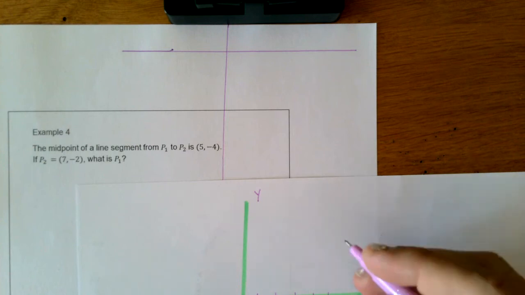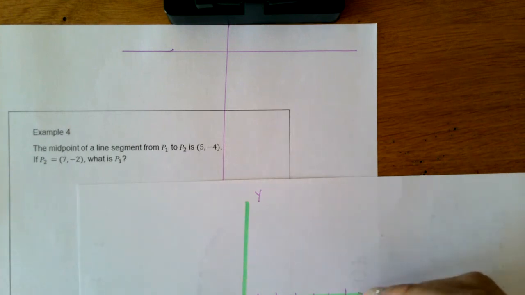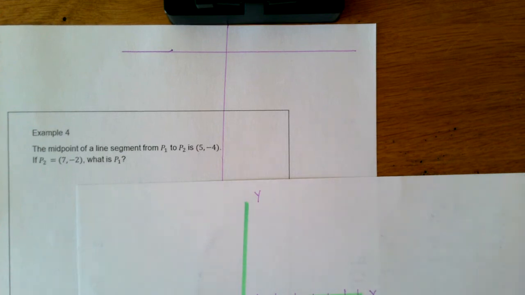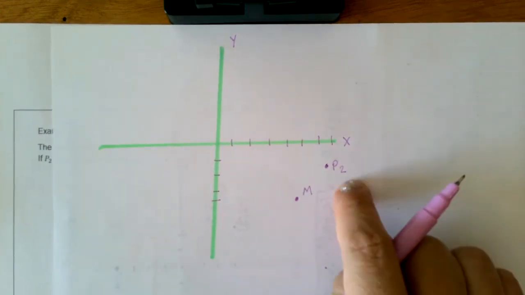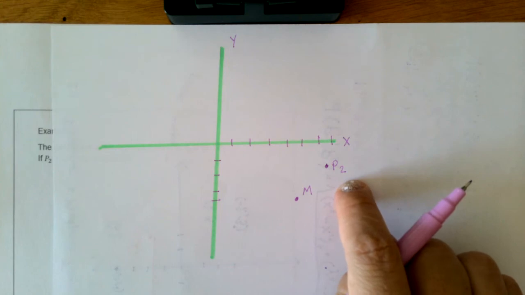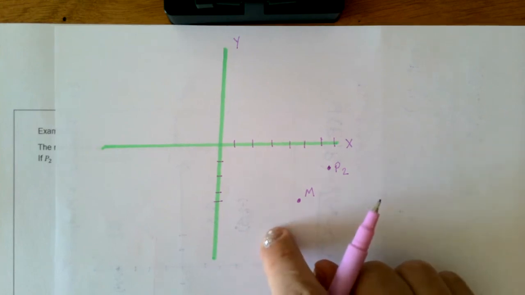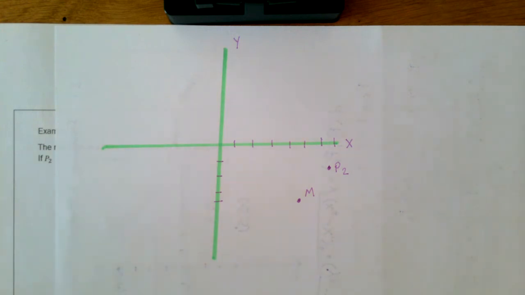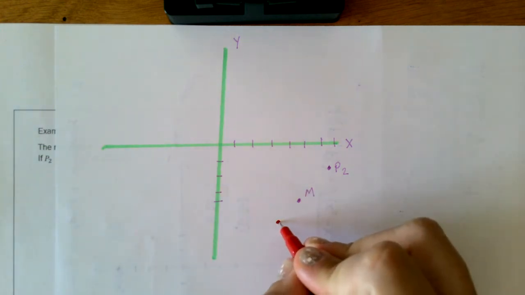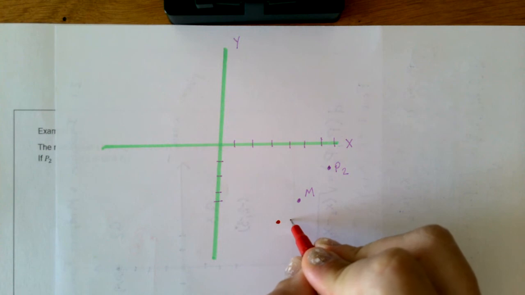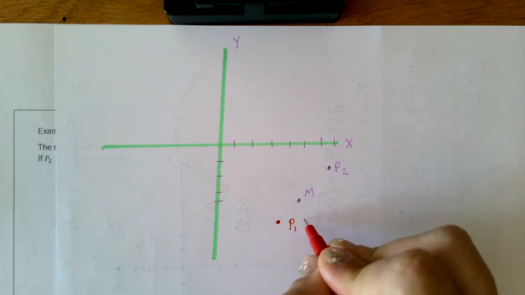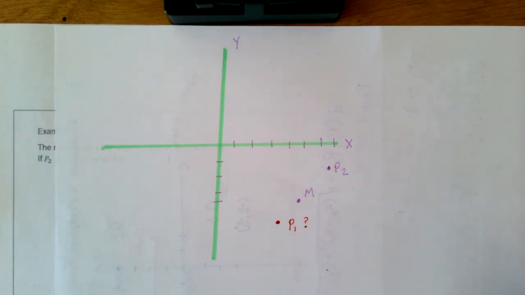P2 is 7, -2. What is P1? P1, but we don't know what it is. Okay.